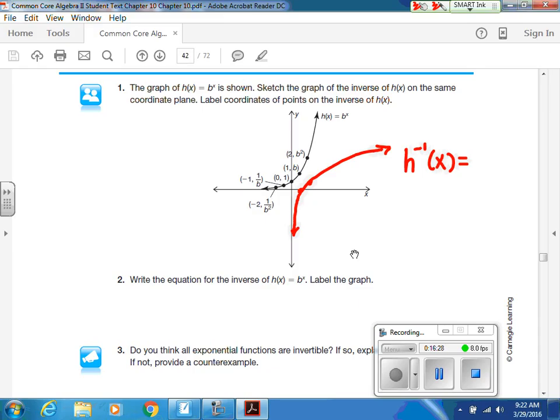What's the inverse of all exponential functions? A logarithm. And what's the base here? B. And then we're just going to use x again because we don't know what we're talking about here. That's our inverse. Right there. Oh, we did just write the equation. It's right there.